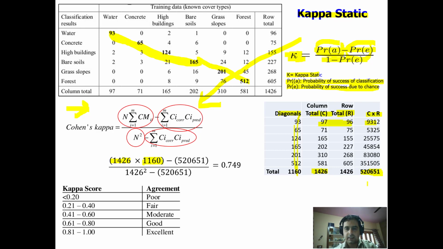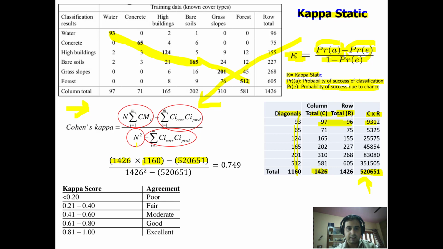So this term, the sum of column total times row total, becomes 520651 as has been computed here, and we have to divide it by 1 minus the probability of success due to chance.